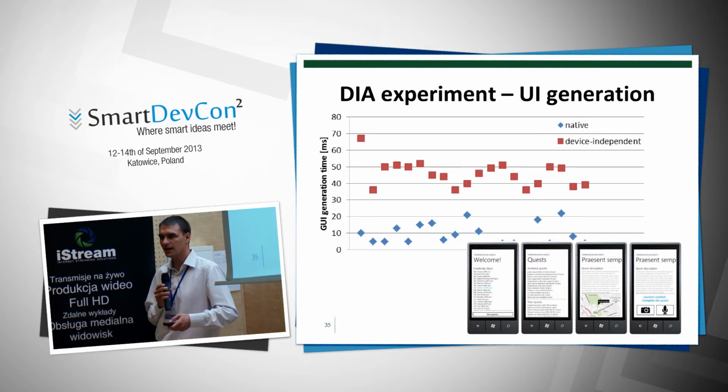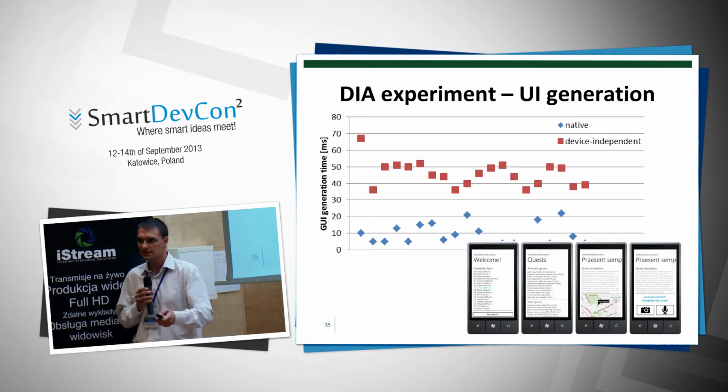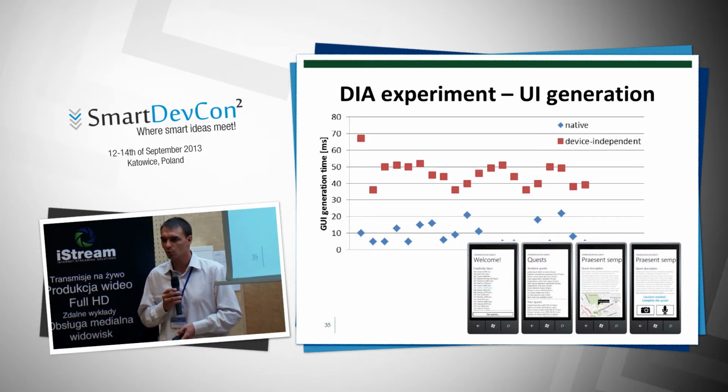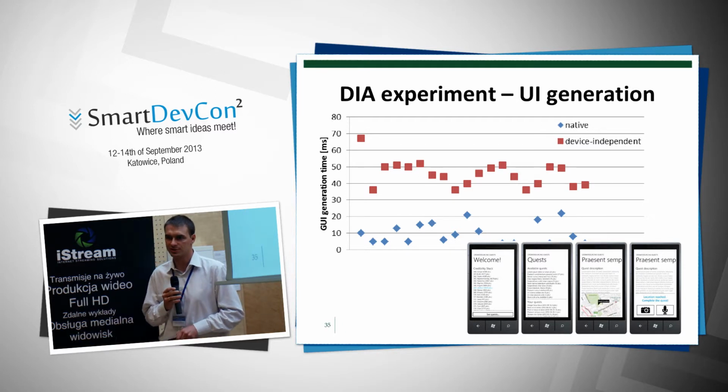And the difference in size between the data that have to be downloaded for the native application and the size of the image of the UI is not very high. With current broadband mobile connections, this transfer can still be under 1 second. So it can still be acceptable for users.